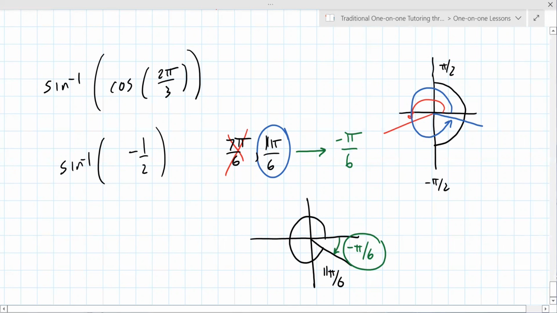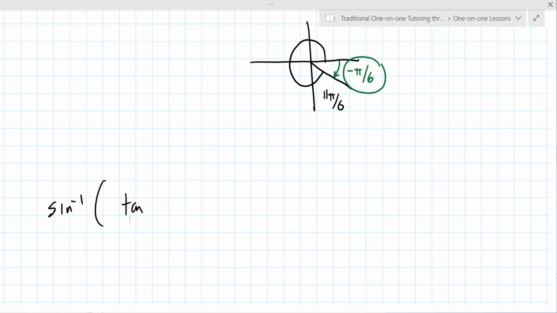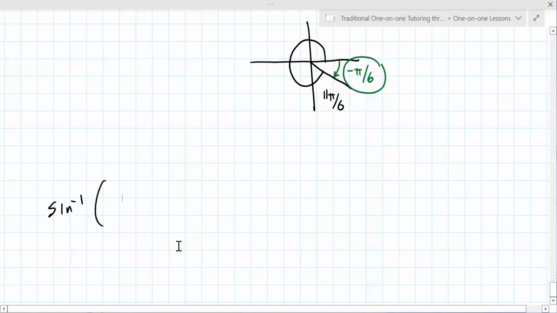So let's try another one. Sine inverse of, let's see here. Let's go tangent. Pick one that's not too bad. Now we don't have time for tangent. Never mind. Let's go sine inverse of cosine of 5 pi over 3.